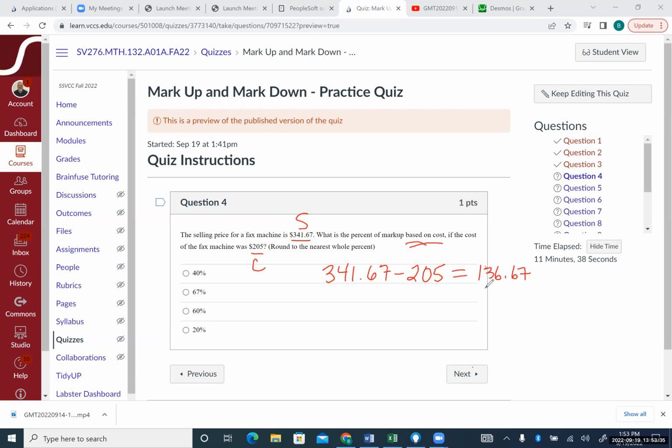I know that the markup amount is $136.67. How do I find the markup percent based on cost? Anyone?